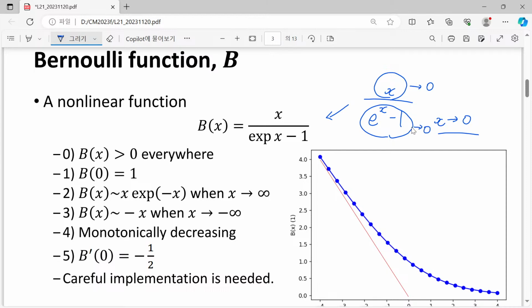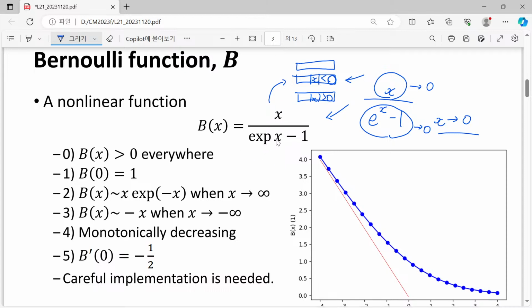What we usually do is split this function into various cases depending on the absolute value of x. If x is lower than a certain value, then we can use a Taylor expanded form. If it is beyond that value, then we can use the conventional form.